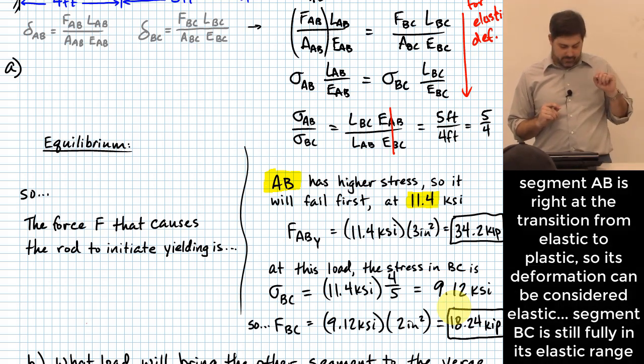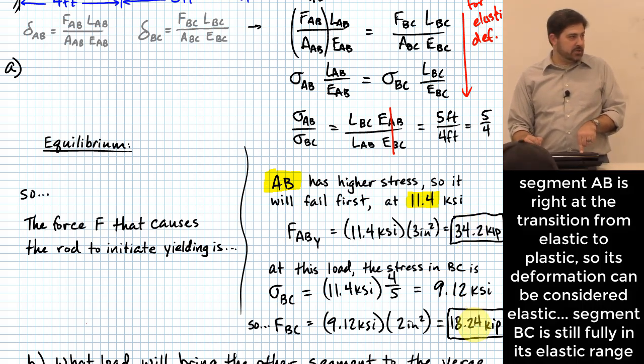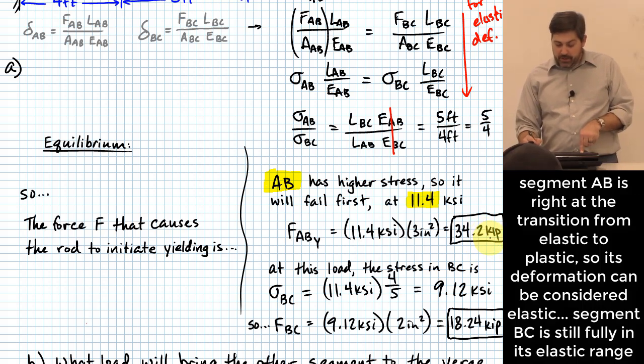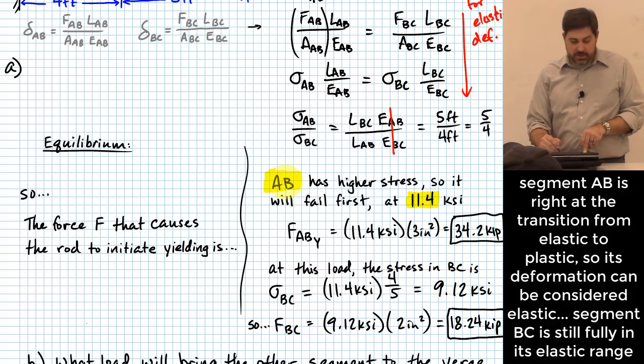Yes, so the question was, are both of these still in the elastic range? And the answer is yes, both of them are in the elastic range. AB is the one that's going to reach yielding first, between the two segments. And so definitely BC is still in the elastic range because AB reached yielding first.